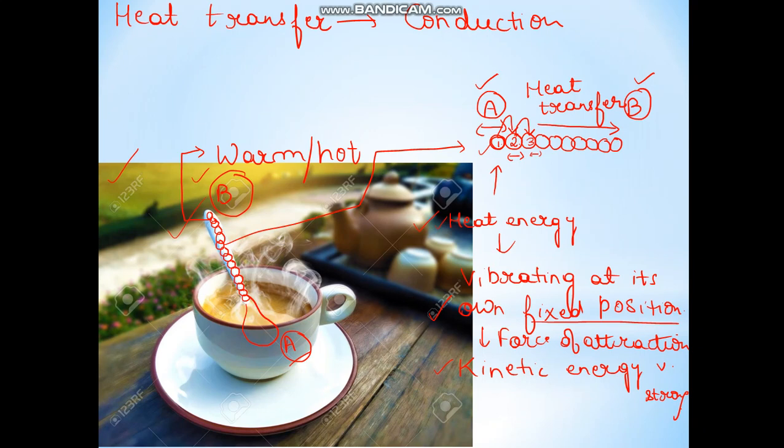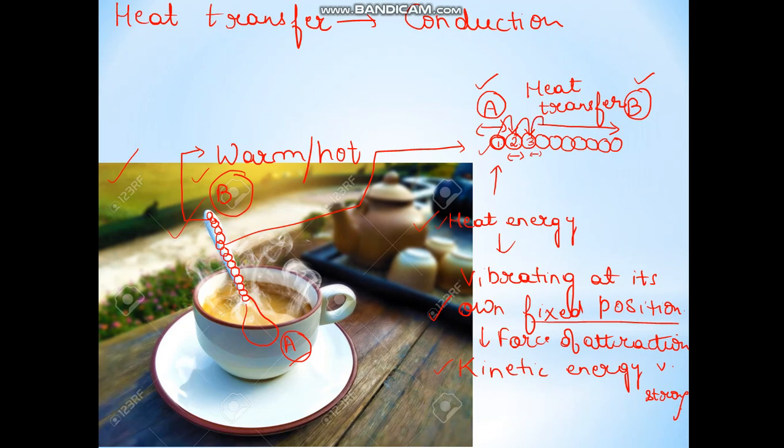Now since there is no gap, the particles are very closely packed, so when the first particle vibrates, it will transfer its vibration, in the form of heat energy, to the second particle. Then the second particle will start vibrating, then it will transfer the vibration to the third particle.